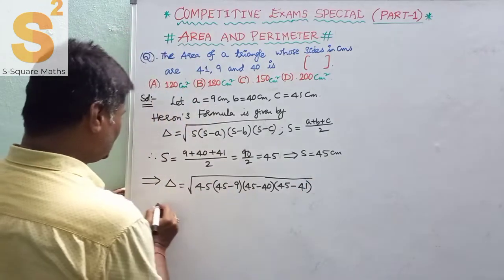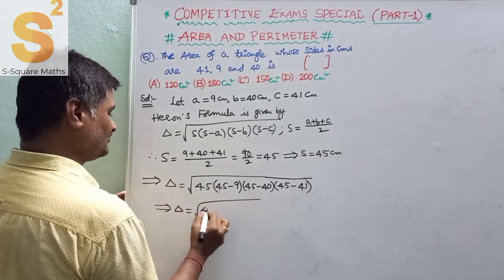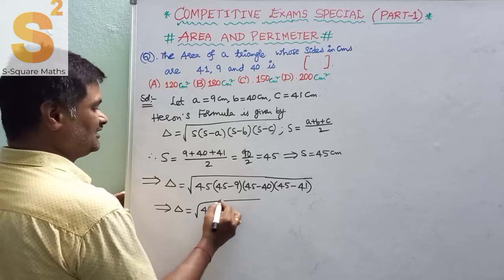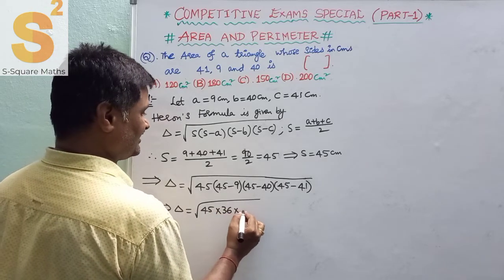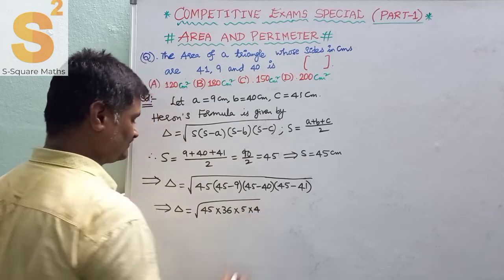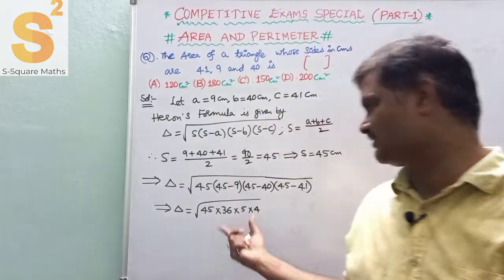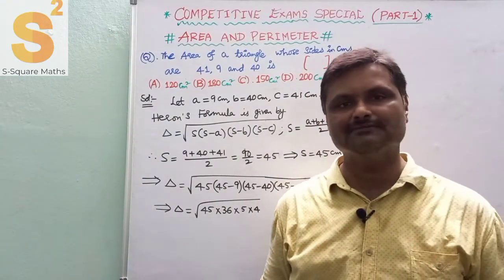So this implies delta is equal to, I can write here, 45 into 36 into 5 into 4. So don't panic, after multiplication you are going to get a big number.